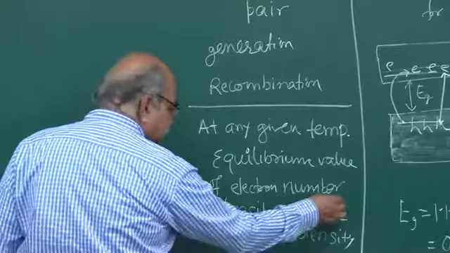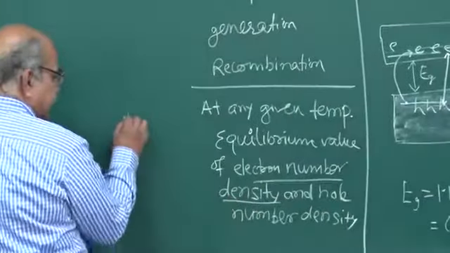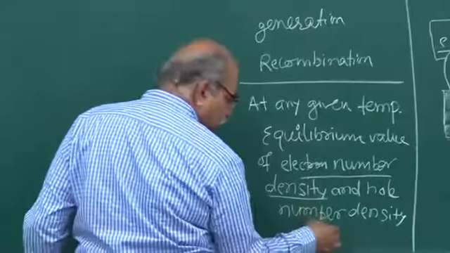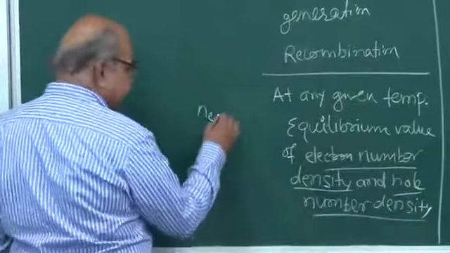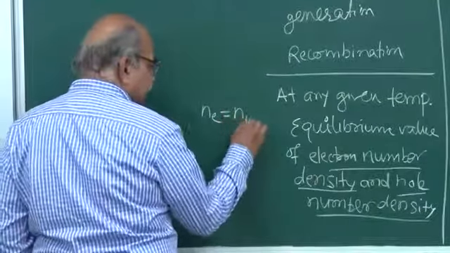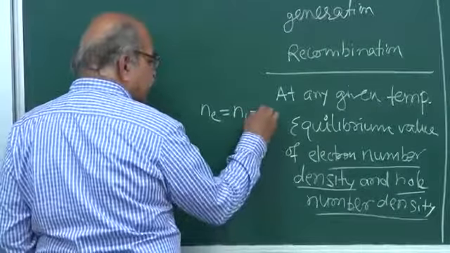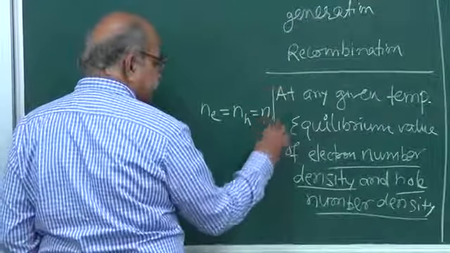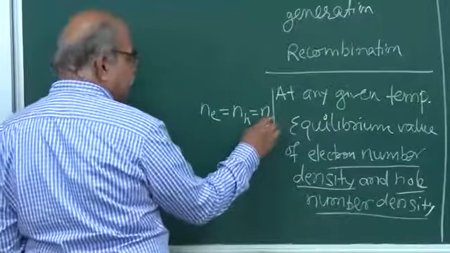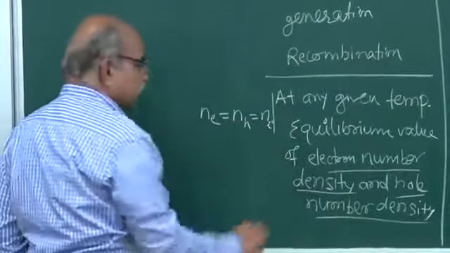This electron number density we write as Ne, and this hole number density we write as Nh, and this is equal. Sometimes people write this as Ni, I for intrinsic.